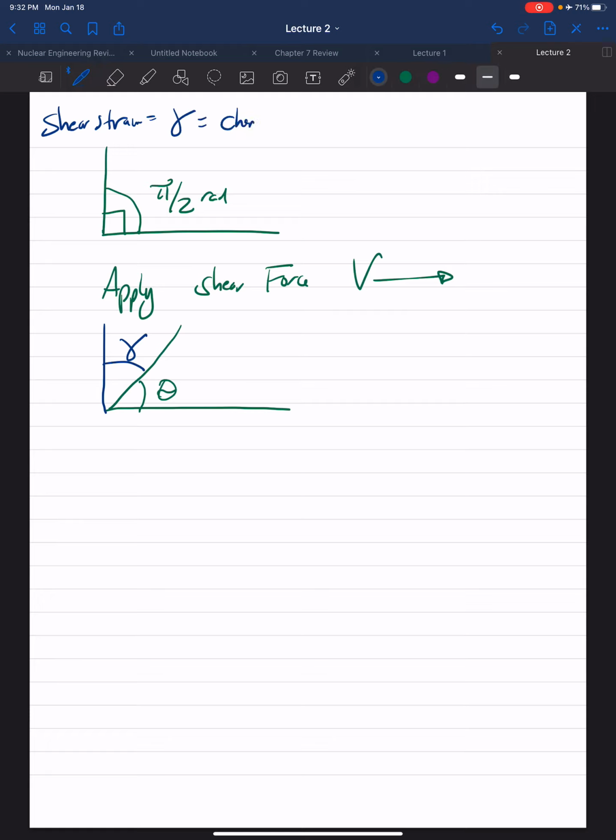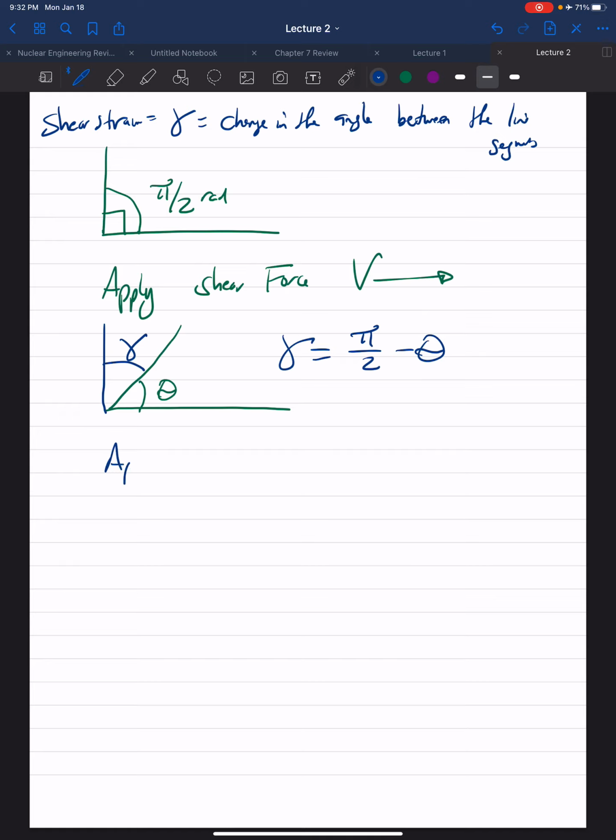We started at a right angle, perpendicular. A shear force was applied, so your new angle went from 90 degrees, or pi over 2 radians, to theta. The change is gamma. Therefore, gamma is equal to your initial pi over 2 minus theta, in radians.